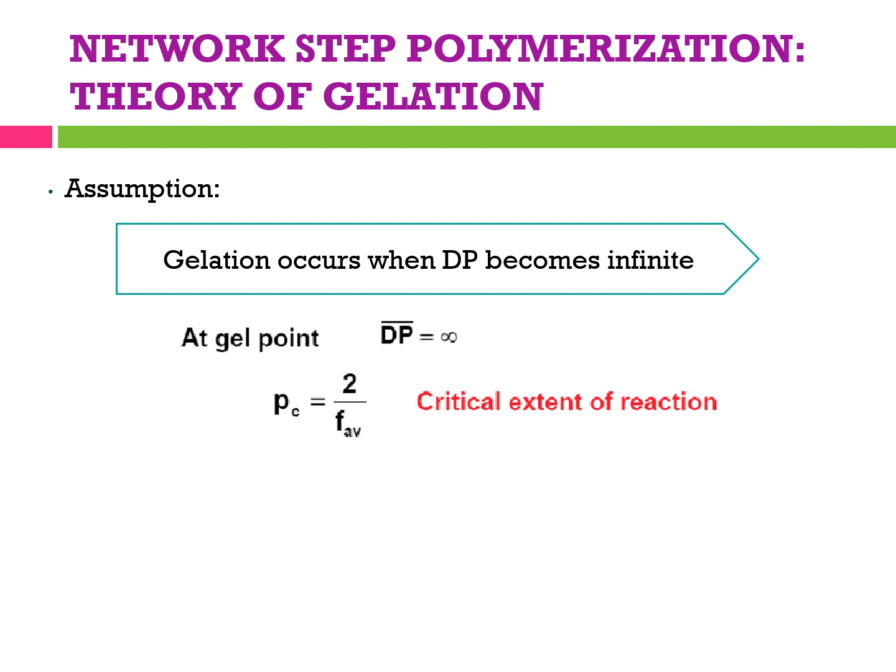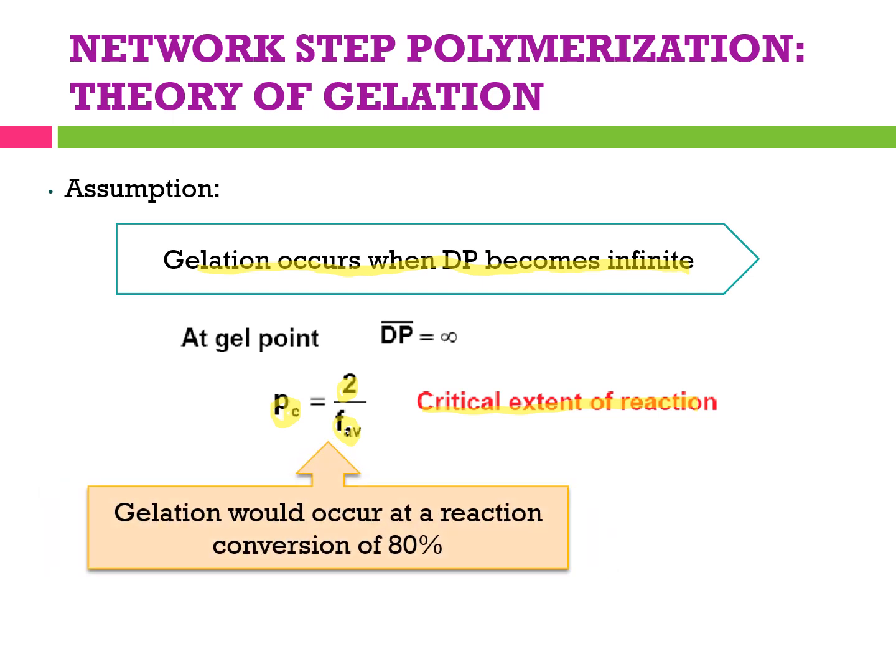According to Carothers' equation, gelation occurs when the degree of polymerization becomes infinite. To relate the gel point with degree of polymerization, we need to know the critical extent of a reaction, Pc. The critical extent of a reaction, Pc, can be calculated using this formula, 2 divided by average functionality.